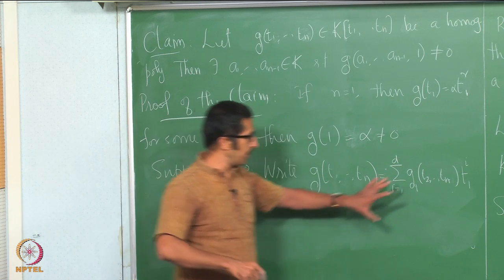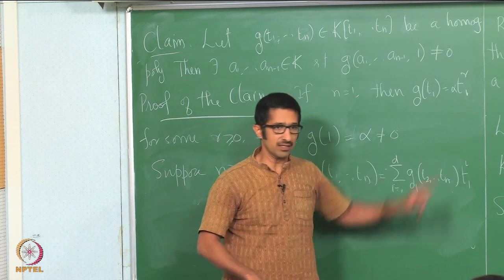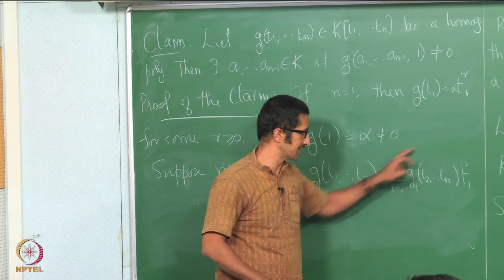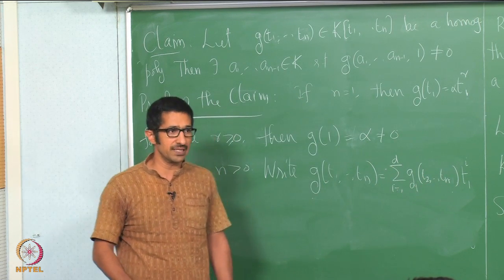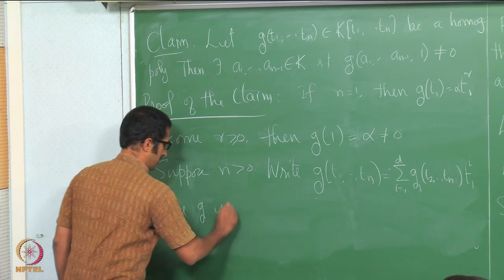So, write this as a polynomial in t1 with coefficients coming from t2 up to tn. Okay.